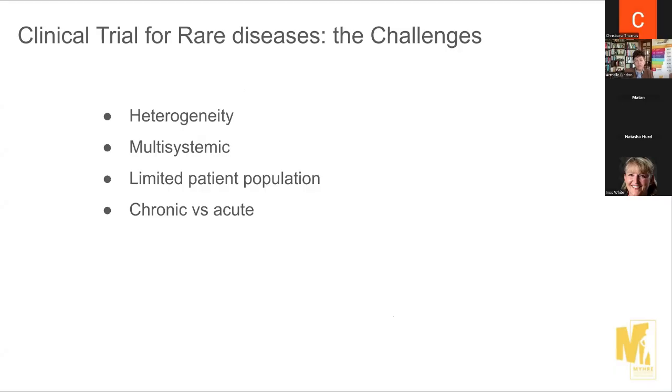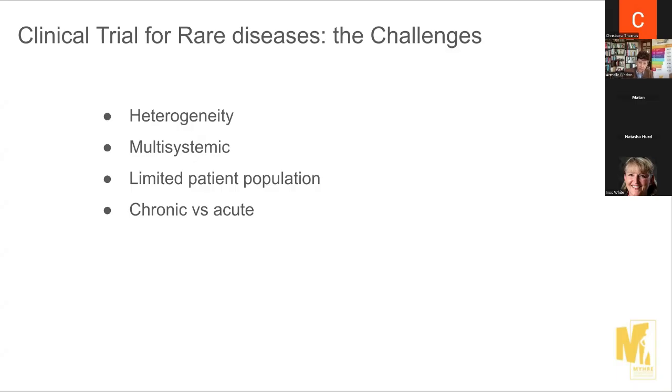And what we see is not only the limited patient population because it's a rare disease, it's also that most of the rare diseases are very heterogeneous, which means that you have one patient that will have cardiac issues and the other one will have, I don't know, depression. So that is a real challenge because you already have a limited patient population, but then you even decrease the number of patients if you want to go for each different manifestation.